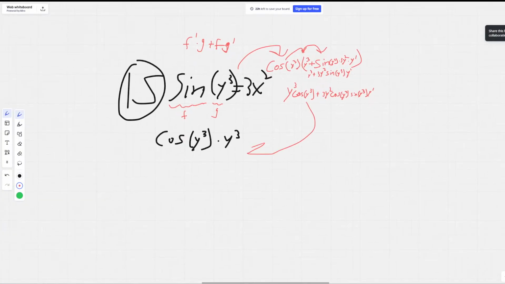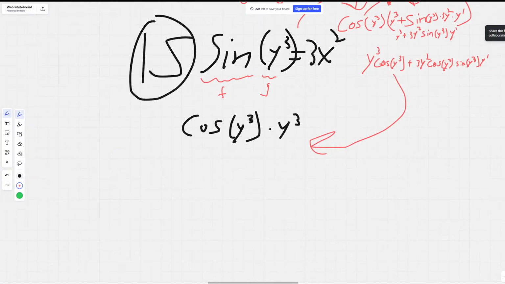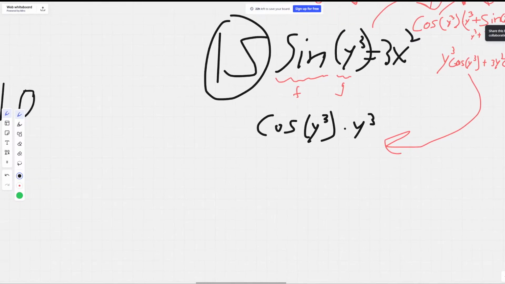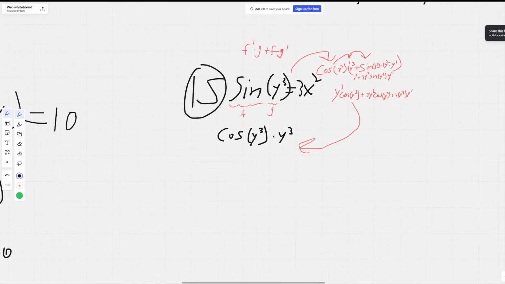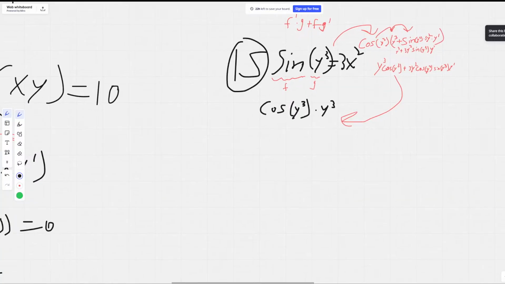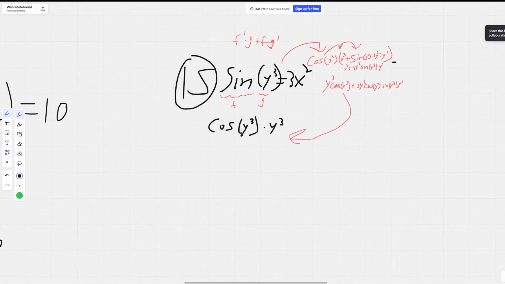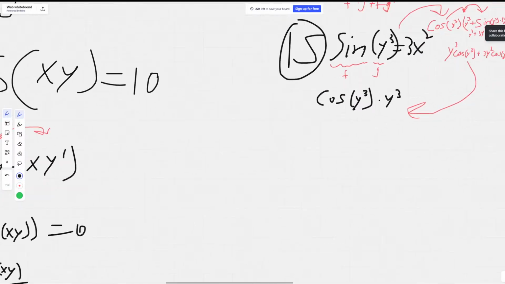Perhaps. I'll just now put these over here. See how it goes. All equals 3x squared, by the way. Equals 3x squared, which would end up equaling 6x.